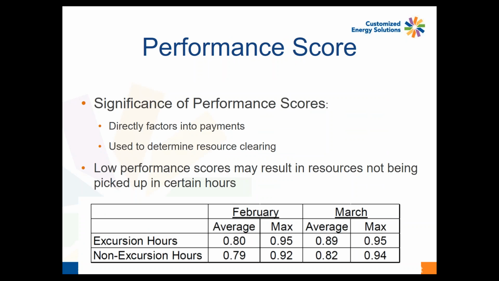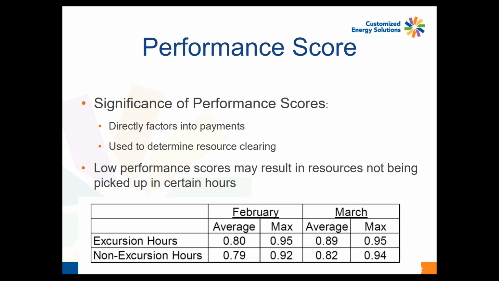Performance score, one of the things I wanted to talk briefly about for operations is the significance of the performance scores. In almost all of the markets, those performance scores factor directly into the payment stream. And in some of the markets now, specifically PJM, they also are used to determine the rank order for the clearing process.